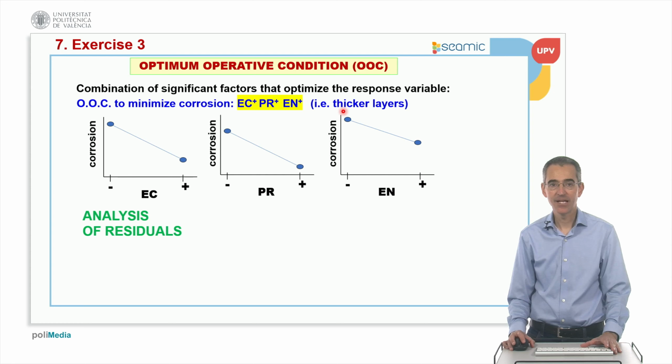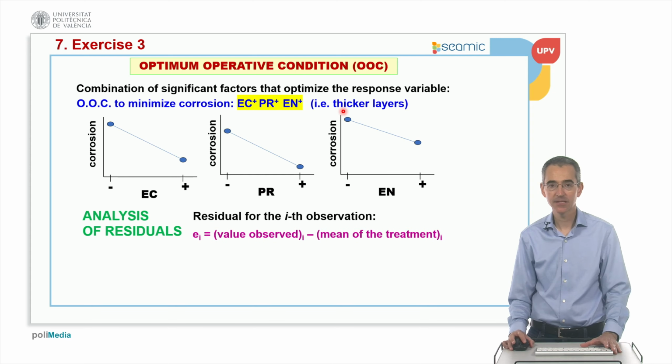Remember that the last step to validate the ANOVA analysis is to study the residuals. The residual is obtained as every observed value minus the predicted value, and in this case the best prediction is the average. We can check that residuals follow a normal distribution, and we cannot see any outlier. This is important to detect outliers, and in this case we don't have any.